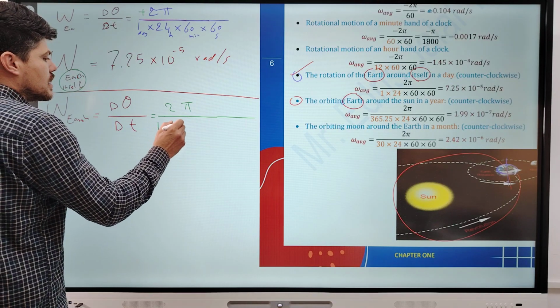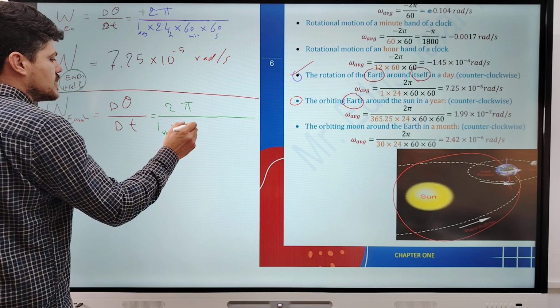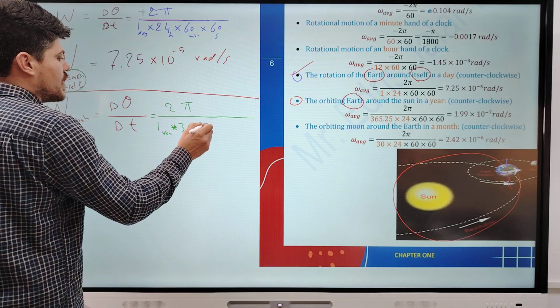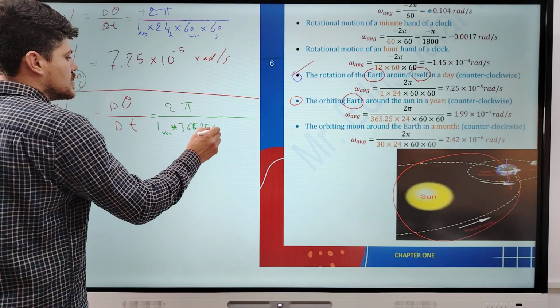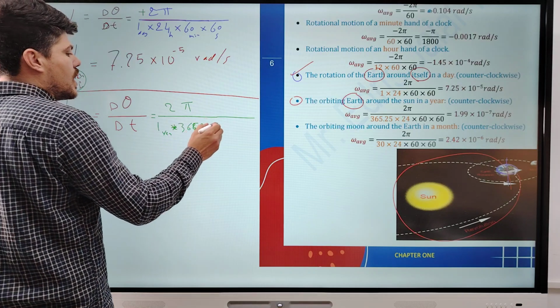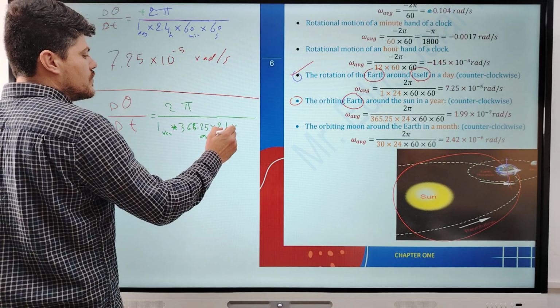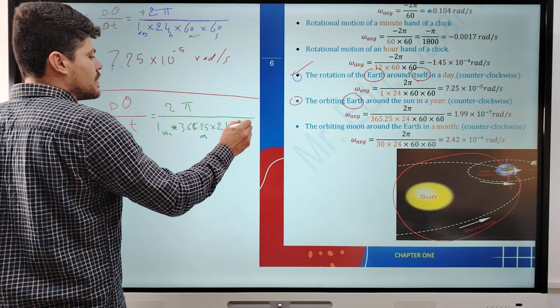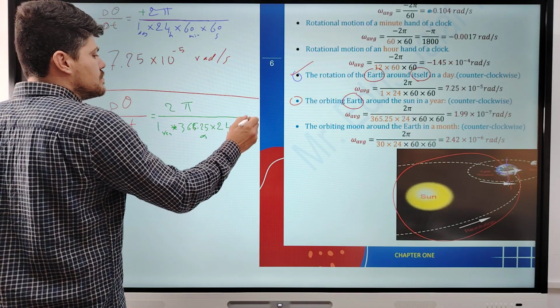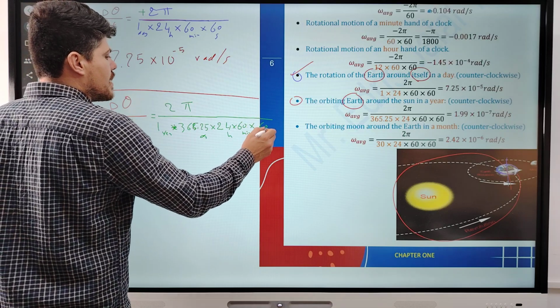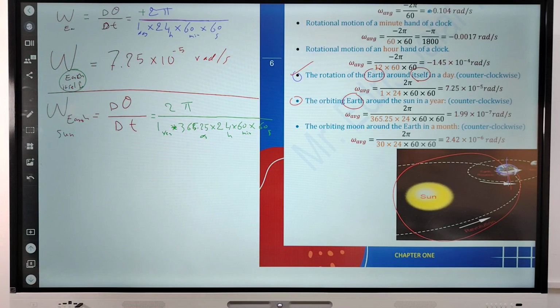Time is 365.25 days. Convert day to hour, multiply by 24. Then 24 hour convert to minute, multiply by 60. Minute to second, multiply by 60 to convert to second.